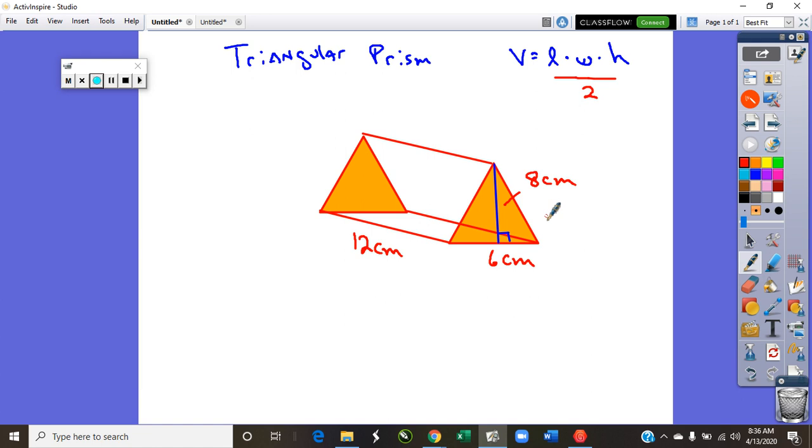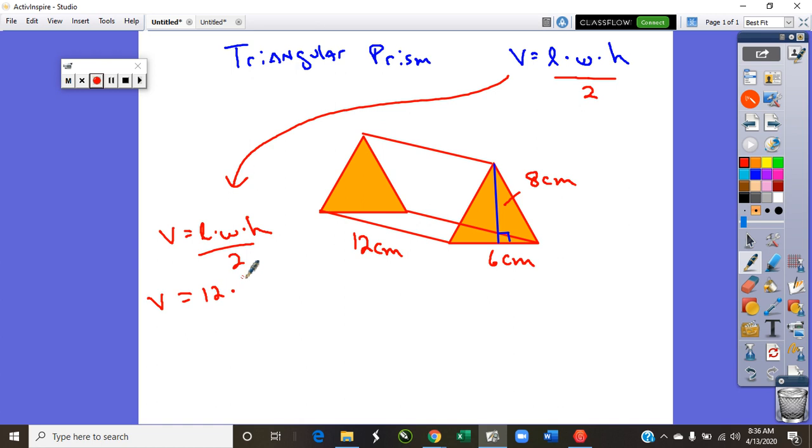Again, I can't emphasize this enough. It doesn't matter which one dimension you make the length, but it's fine. If you want to do the length of this is 12, I'm going to move this over here so I got a little more room. Volume equals length times width times height divided by 2. So let's say volume equals length is 12 times width is 6, and the height of this triangle is 8.